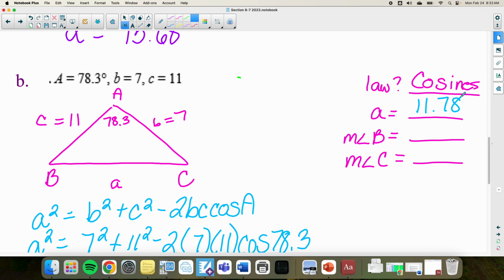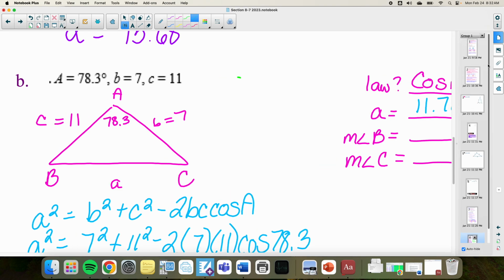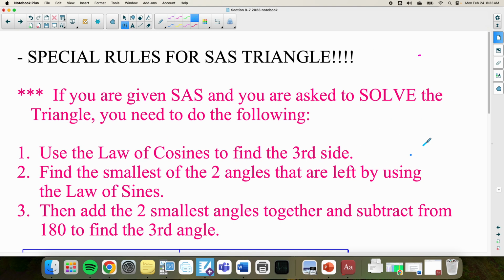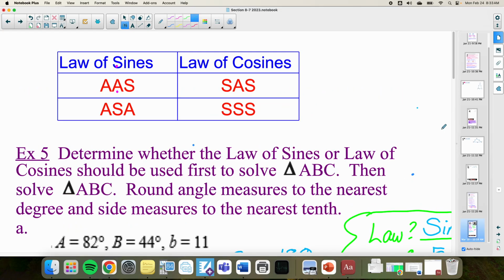All right. Then what we have is we have to go back to our rules, and it says your second step, you're going to find the smallest of the 2 angles that are left.